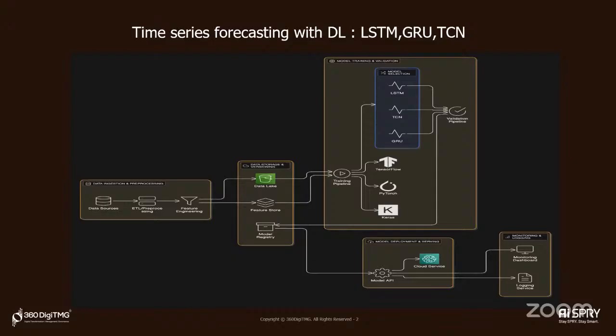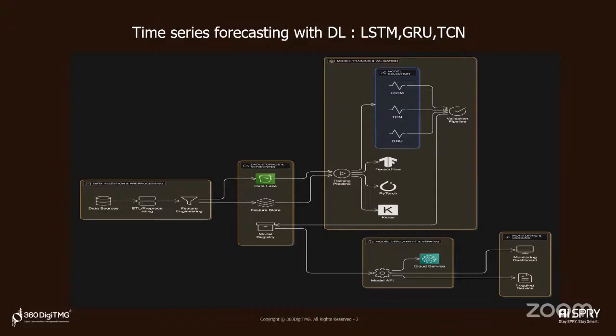The feature store is specialized storage for features used in machine learning, which will enable reuse across different models and pipelines. Then finally, we will have a model registry, which will keep track of trained model versions, their metadata and evaluation metrics, making it easier to manage multiple models.